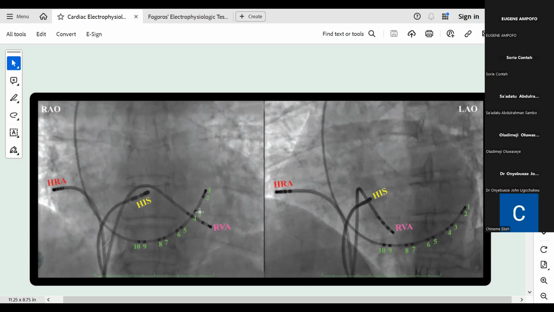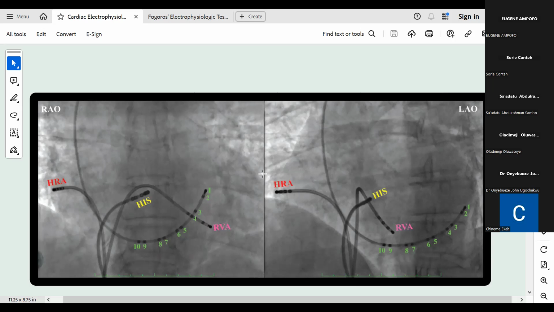Let me explain further what I mean. You see these two catheters on your left-hand side, the RAO catheter? Yes, sir. It's very difficult for you to say, am I in the RV or am I in the CS or in the LV, right? You can see they are close to each other, right? Yes, sir.